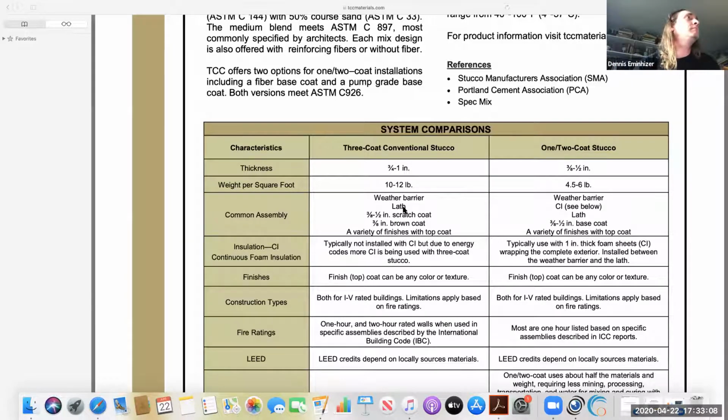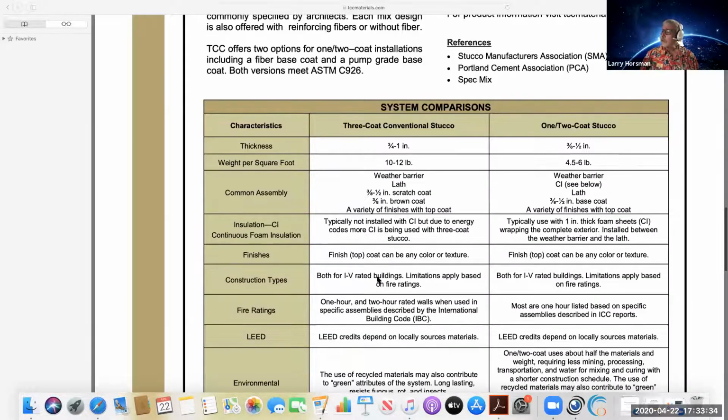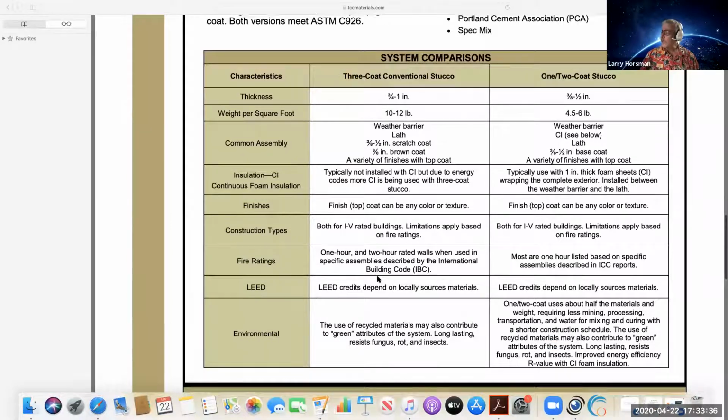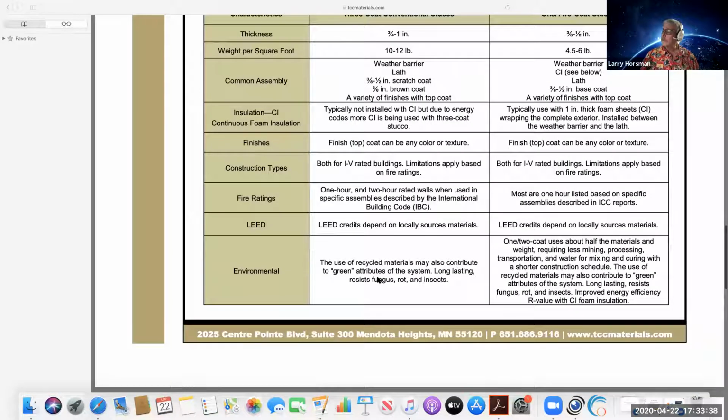It is galvanized, and over time it may rust. The finish coat or top coat can be any color or texture. The way this looks is probably smooth, but there are a lot of different stucco textures you can use. We don't care about that. LEED credits, environmental, that's all pretty much nonsense.